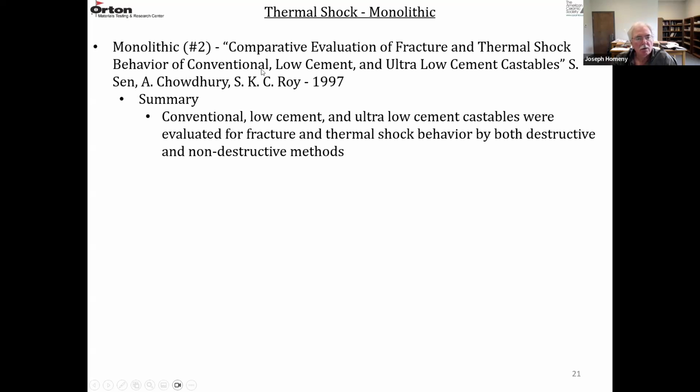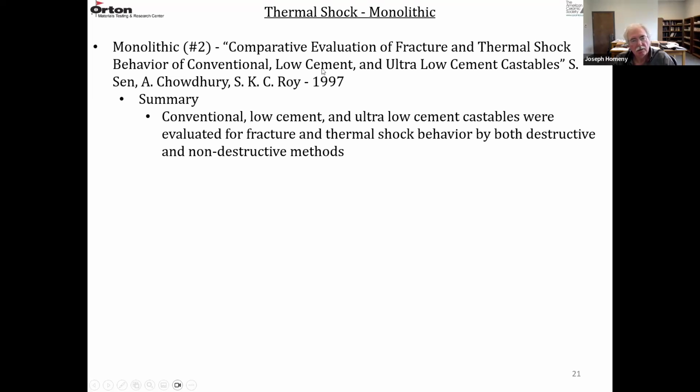And there were always some issues with the high cement content. Alumina, calcium, and silica present in the same castable gave rise to some low melting materials. So they went to a lower cement material to eliminate the lime.